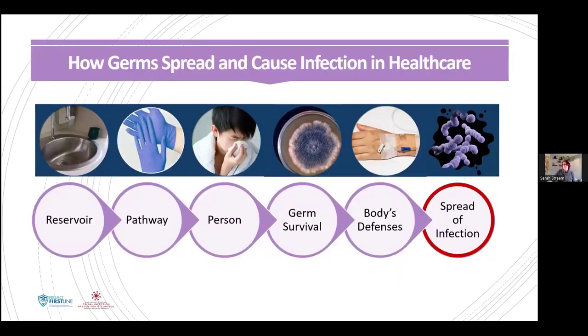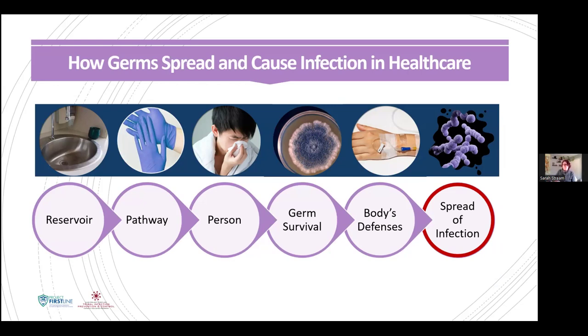So before we get started on the CDC recommendations, I wanted to give a bit of background on the potential for the spread of infection in the dental setting. And because we are working with Project First Line for this presentation, we're using some of their concepts. So in order for the spread of infection to occur in any healthcare setting, there are 5 different factors that have to take place.